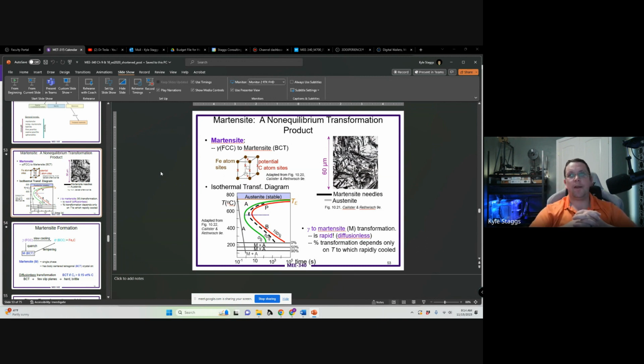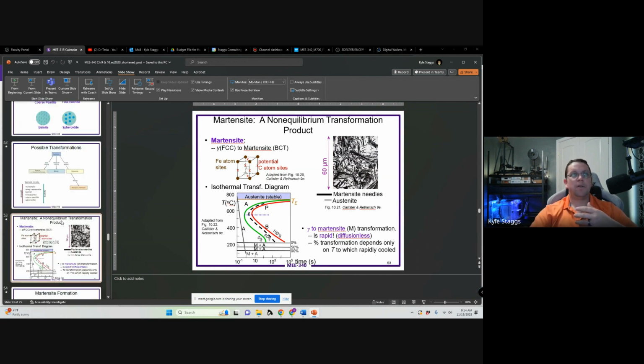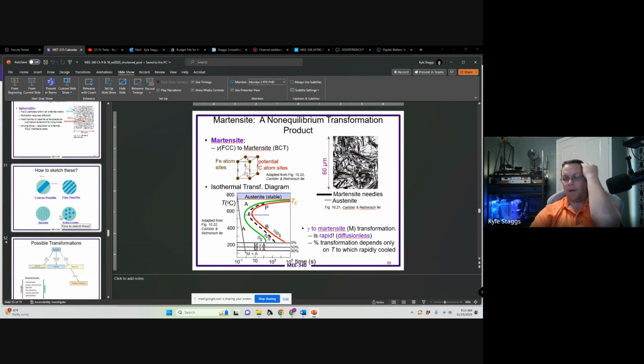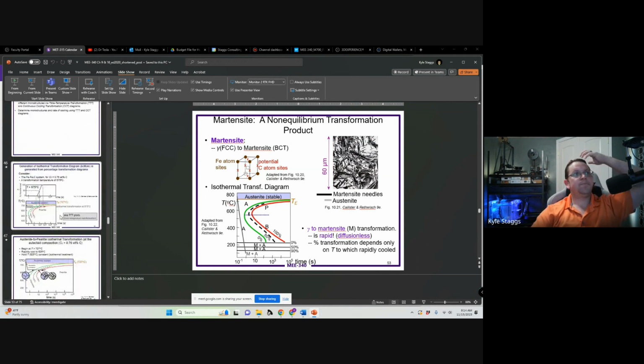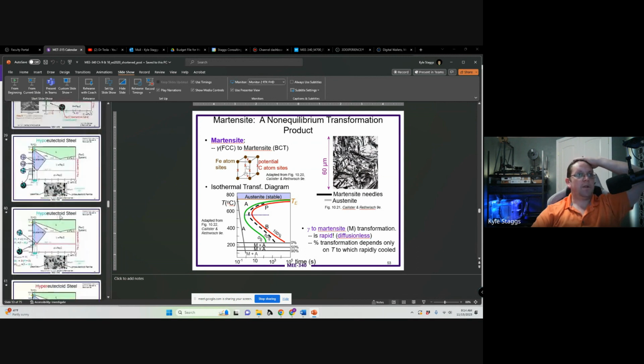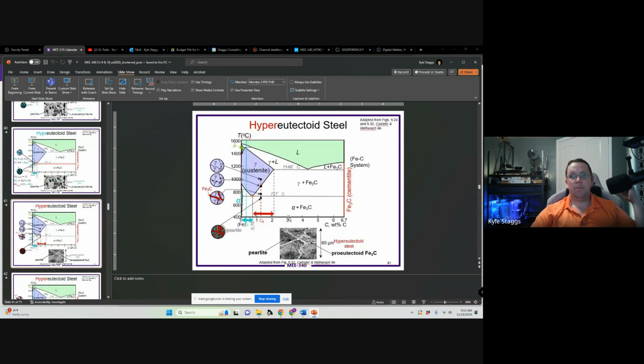And that would be bad, right? So for a hammer, you maybe want something that is a little bit more even, like for instance, you might want something more like maybe a hypereutectoid where you've got some movement available.